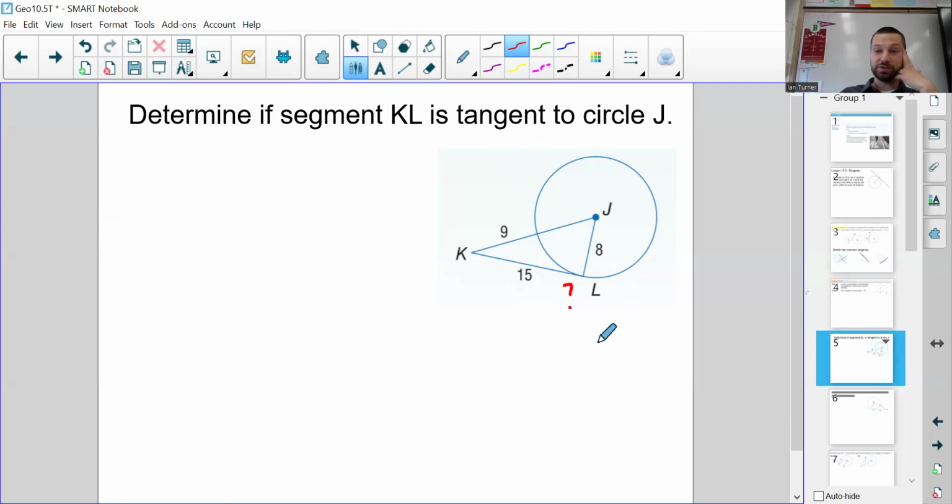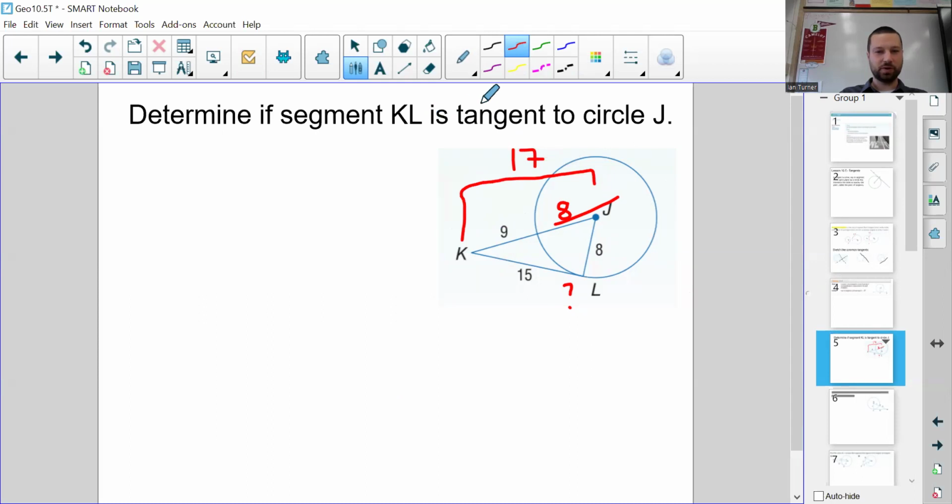We can do the converse of the Pythagorean theorem? Yes, we can do the converse of the Pythagorean theorem. But we seem to be missing something. 9 is just right here. This is the hypotenuse. It should be the longest. Oh, there's another radius. Yeah, Annika's right. There's another radius. This is 8 here. So this whole thing is 17. Now we're cooking with gas.